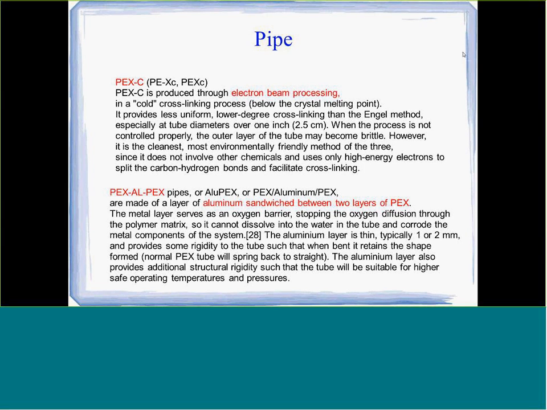And that metal layer serves as the oxygen barrier for the pipe. It also serves as a structural component to the pipe and makes it much more rigid, which means you can form PEX aluminum pipe. When you bend it, it will stay in whatever form you bend it to.